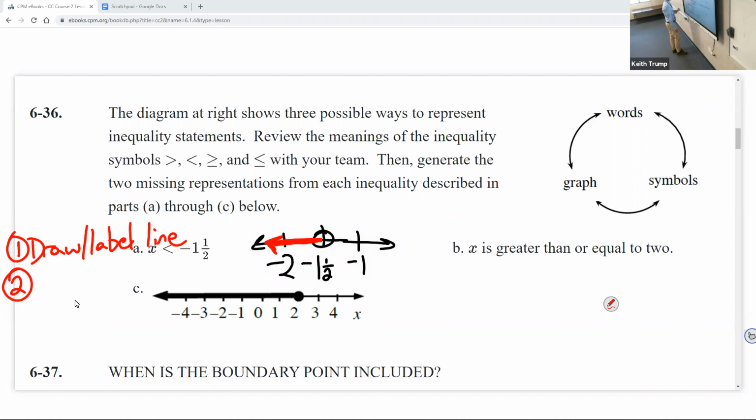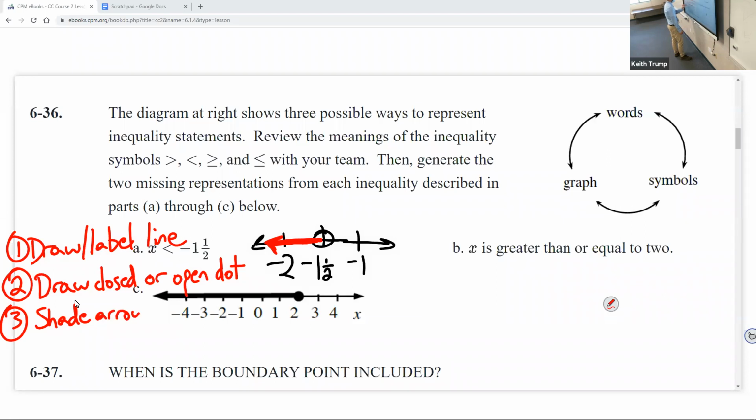The second step is to draw closed or open dot. And then the third step is to shade arrow in right. Well, I'm not going to say right because it's not always going to go to the right, in correct direction.